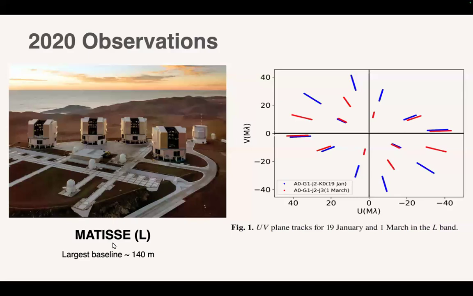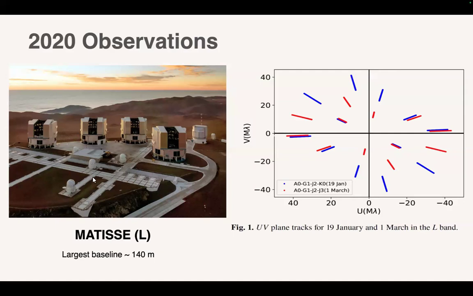So the Matisse instrument works in the L band, 3 to 4 micrometers. What I'm showing you on the right are the UV tracks. In any interferometer configuration, you're going to have these telescopes. Each telescope has a baseline vector associated with it. The length of the vector is just the distance between the telescopes, and then there's going to be some direction.